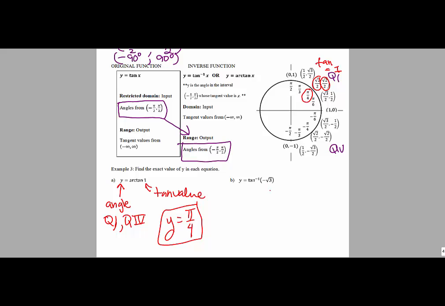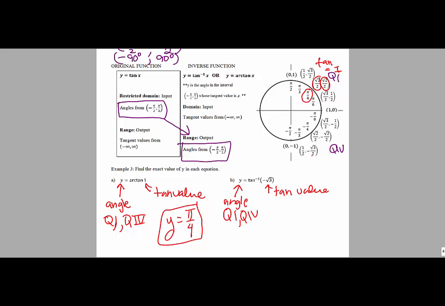Now what if our tangent value is negative? So now we're looking for an angle in quadrants 1 and 4, one of those two quadrants that has a negative tangent value of negative square root of 3. Remember, we're thinking about y divided by x.